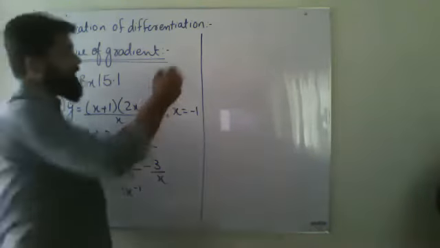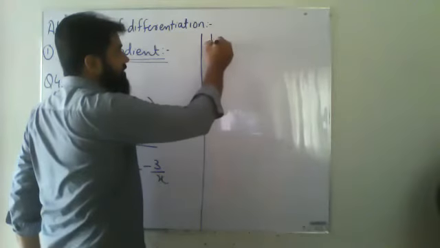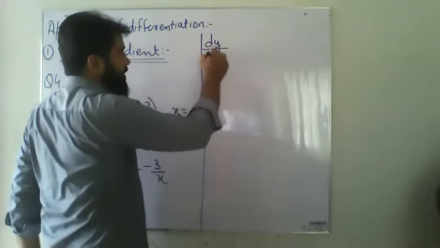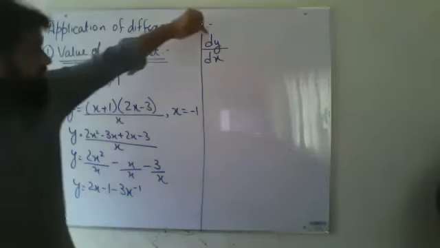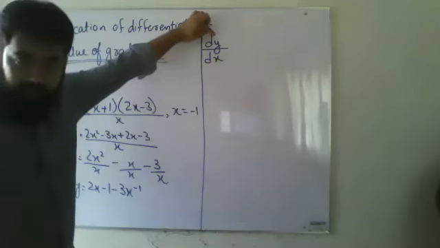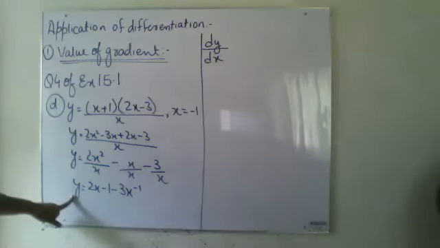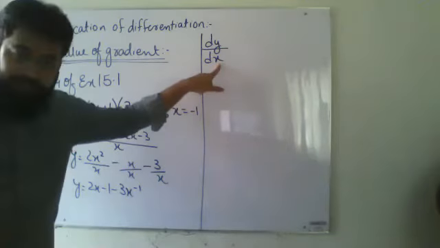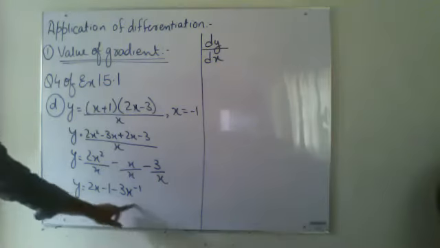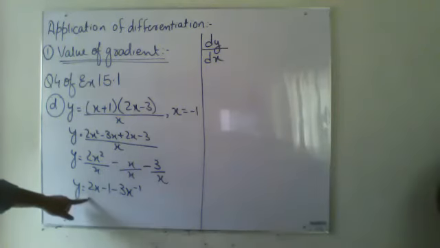So you will write dy over dx, meaning differentiating y, the subject of the equation, with respect to x, in terms of the terms given.